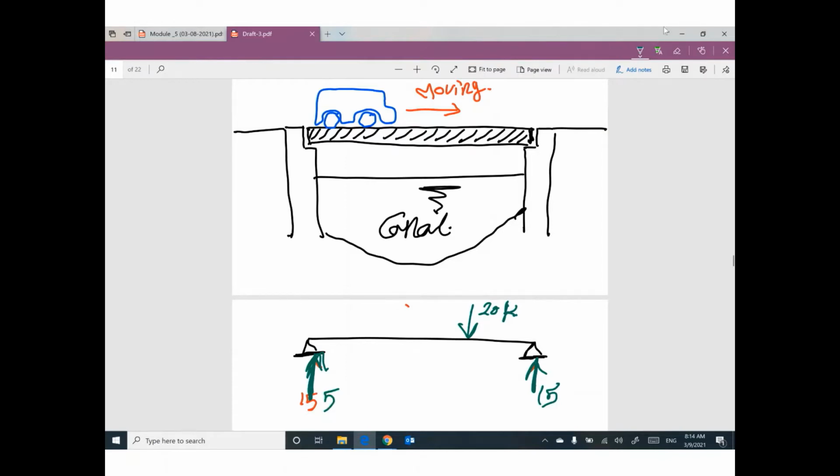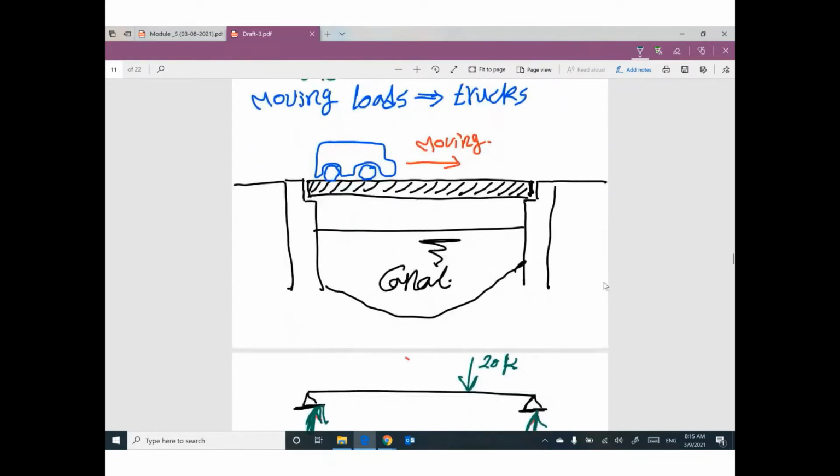So our topic today is talking about something new. We are talking about bridges. What do I mean by bridges? I mean we have beams, the same beams, supported by hinge or roller. Nothing changed. But the main difference right now is that this bridge is supporting something called a moving load.